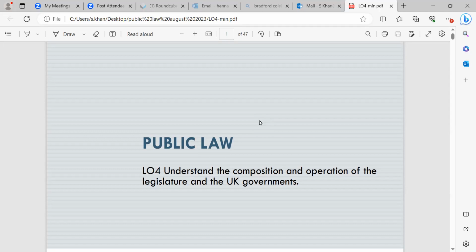And we looked at the protection of fundamental and civil rights under the Act, which was the right to life, the right to security, liberty. We also concentrated on Article 4, which was in regards to slavery and forced labour.